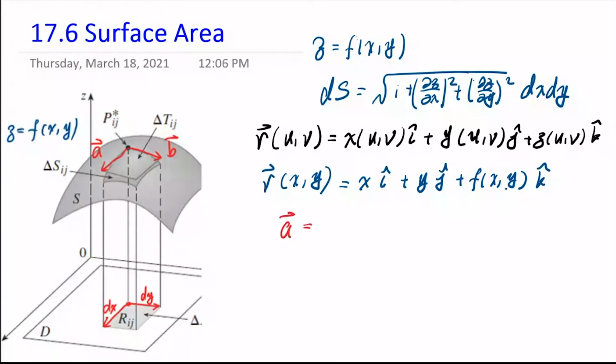I said if you vary x a tiny bit in just the x direction, there's no change in the y direction, and in the z direction it will vary according to the slope, times dx, right? And then we factored out dx, so it becomes 1, 0, and so on, right?